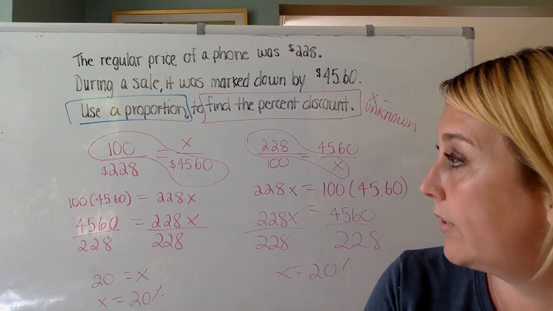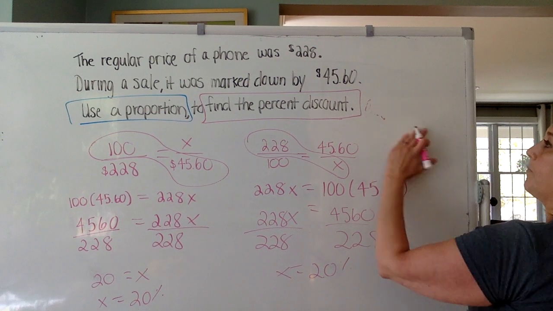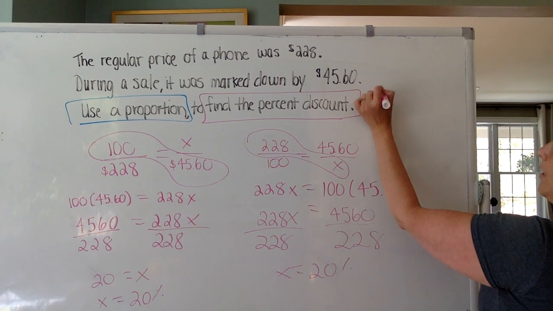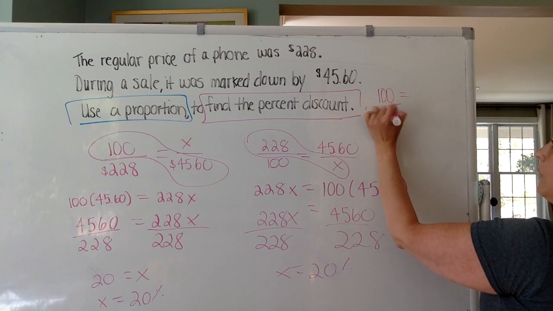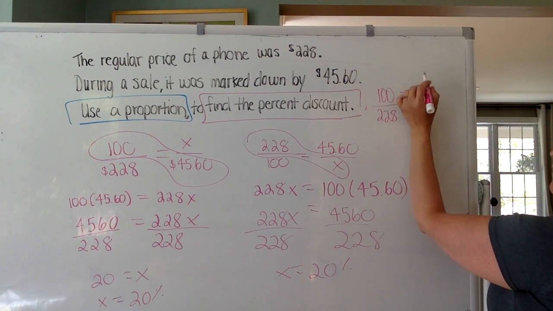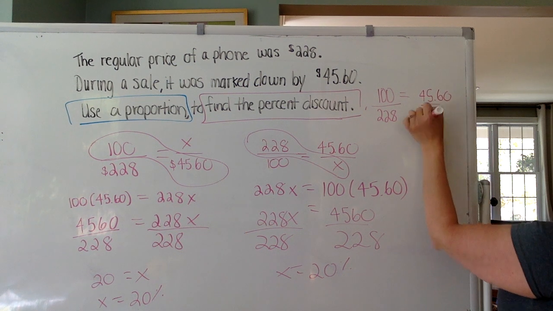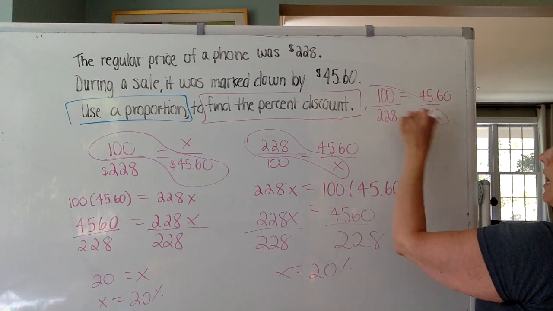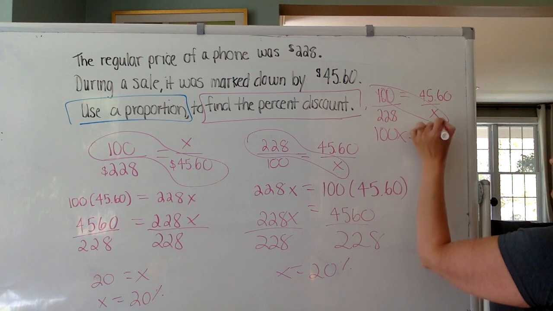Because if you don't stay consistent with that, like let's just say that I put 100 for my percent over 228, and then instead of for percent, I put my discounted amount there, and I put my X with my dollars, of course that would get you a different answer, okay?